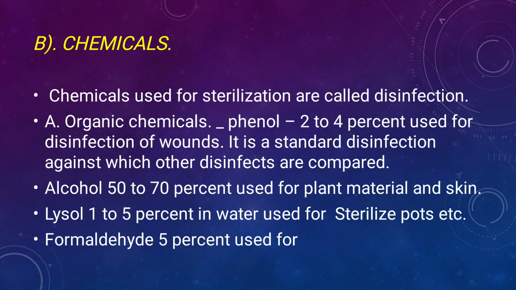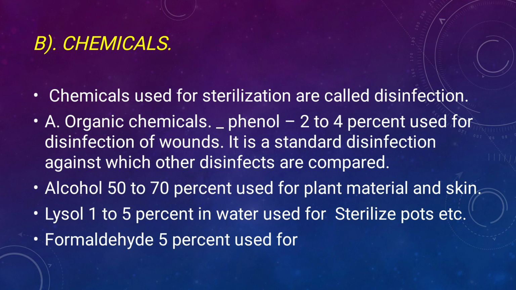When we use Lysol at a rate of 1 to 5% in water, it is used to sterilize the pots, whatever pots are used for planting. Before using, the pot gets sterilized with the help of Lysol or formaldehyde also. So this is regarding the organic chemicals.